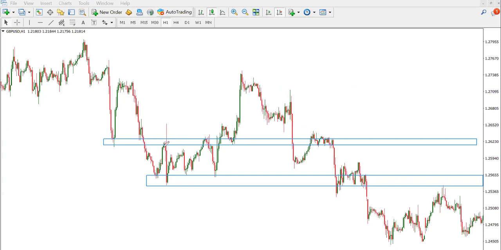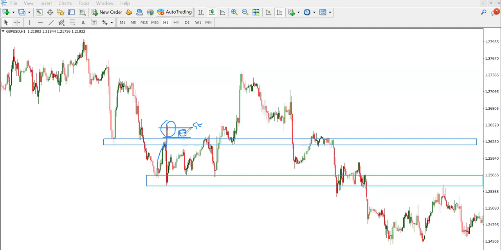So something like this would be a false breakout, because at some point this candle price went above this area, and if you immediately took an entry there, you would have lost, because your stop loss would have been there, and then price would have taken you out.